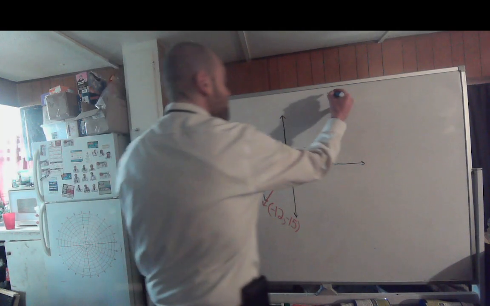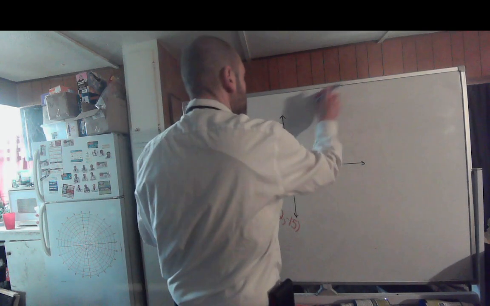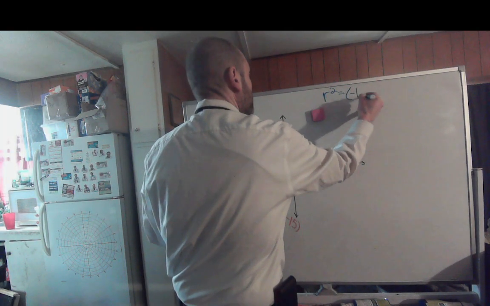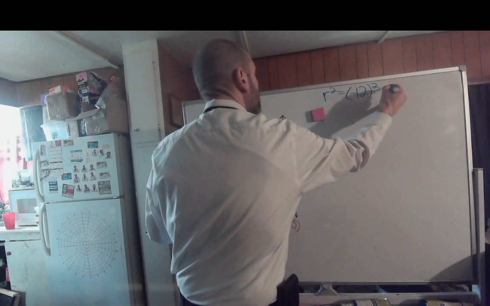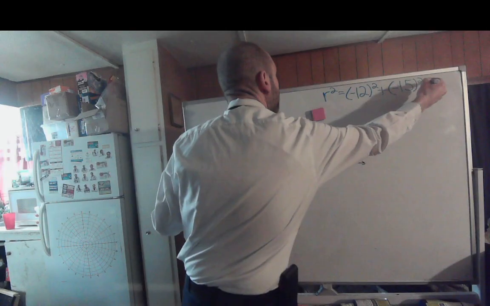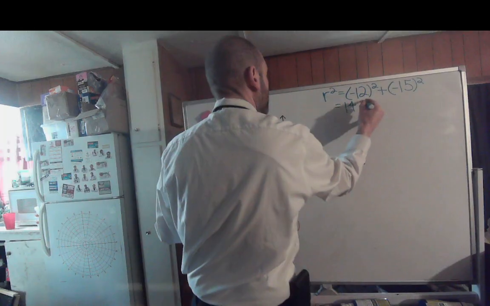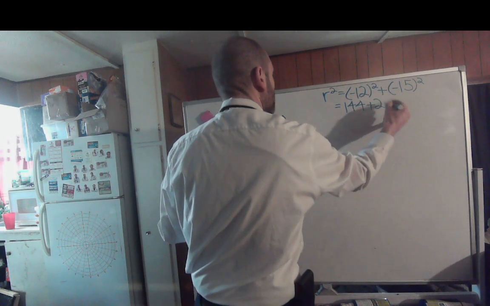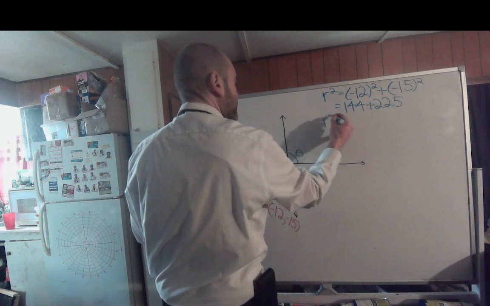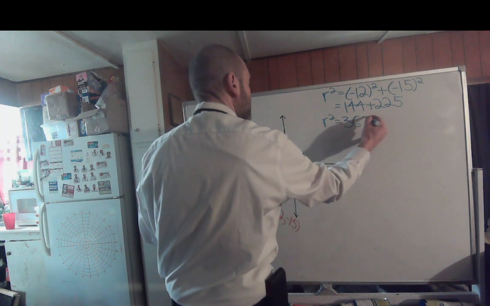So we're going to take x squared, which in this case is, we'll have r squared equals that -12 squared plus that -15 squared, which means it'll be 144 plus 225, which means your radius squared should be 369.